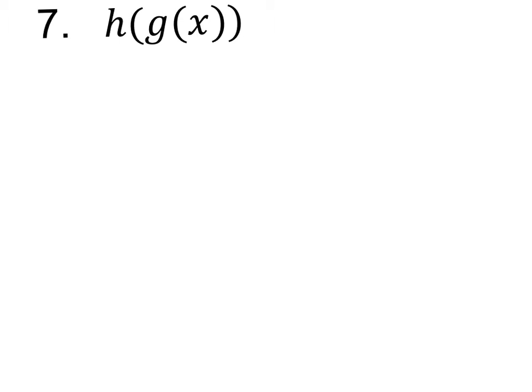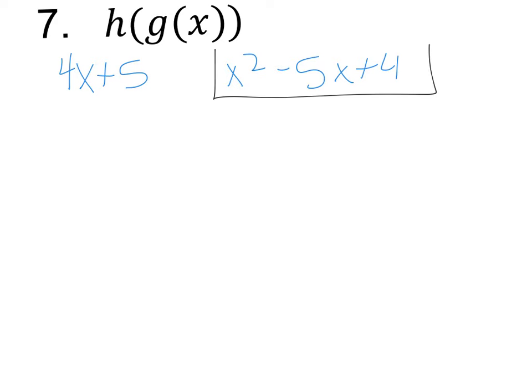And the last one, still a composition problem. I'm going to write out my two equations. So I have 4x plus 5, that's my function of h, and my function of g, x squared minus 5x plus 4. Whatever is on the inside, big box, because that's replacing, that's substituting in. Outside, little box. So this says 4 times box.